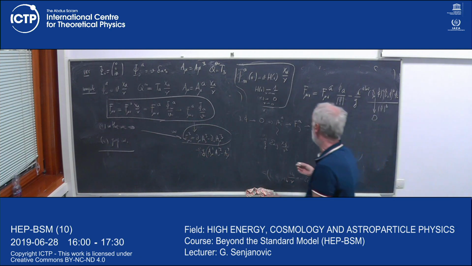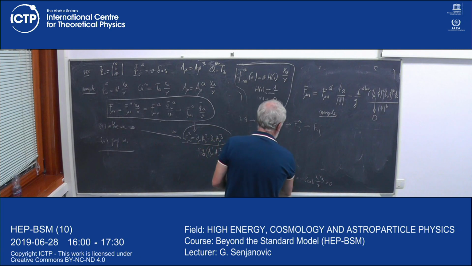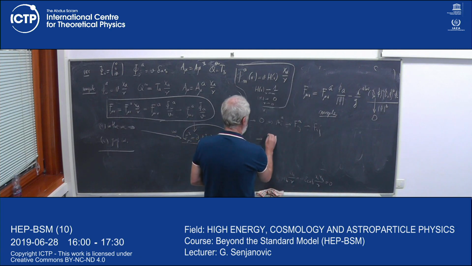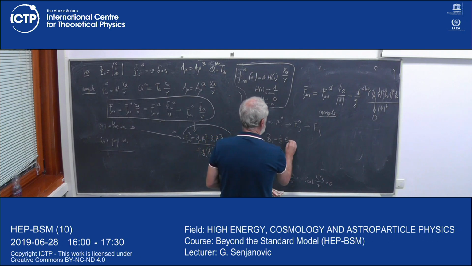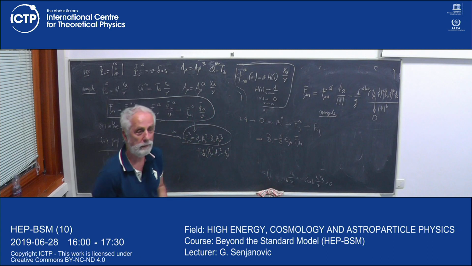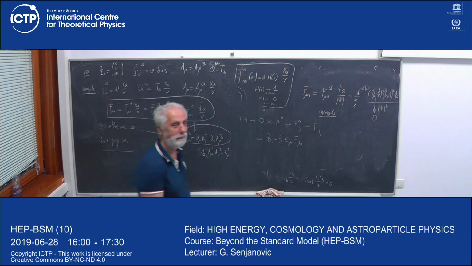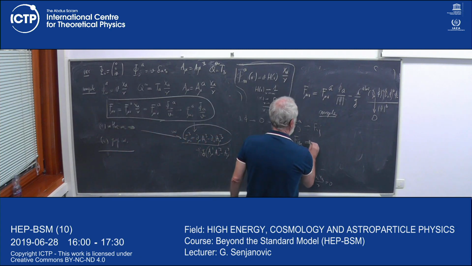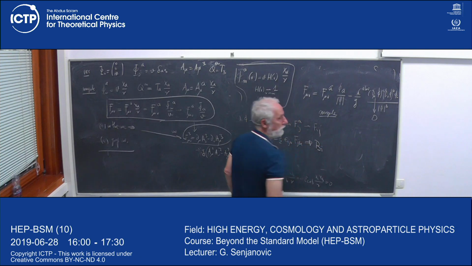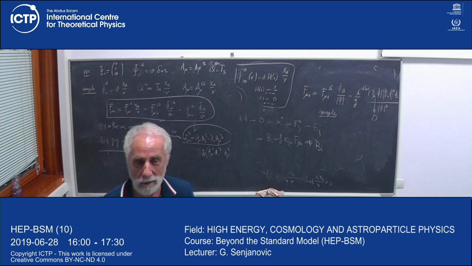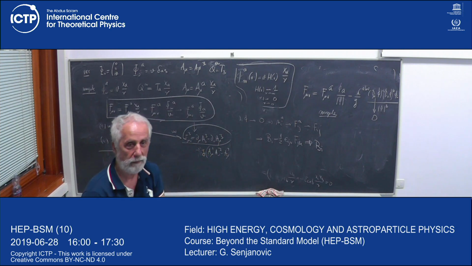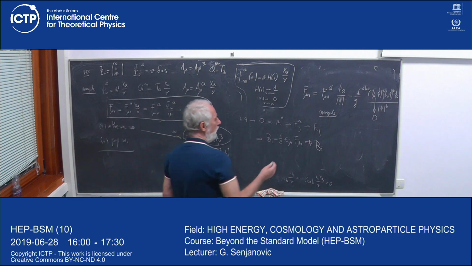Okay? So, while you are thinking, I can just tell you that when you do the calculation, you define B_i, which is 1/2 epsilon_ijk F_jk. That's called the magnetic field. You follow the calculation, and I would strongly suggest you to do it. You sit in here. Don't wait for some other moment. These are the greatest moments to learn some of the most exciting physics that I can imagine.